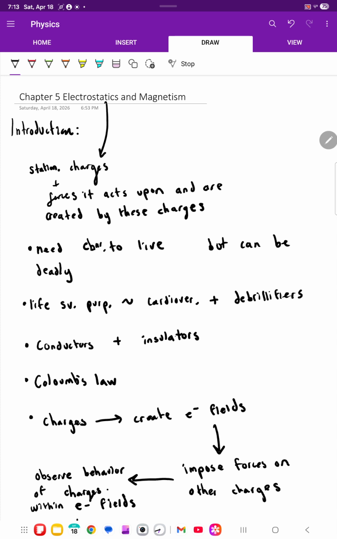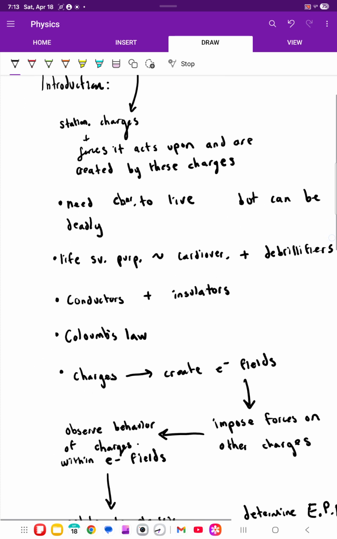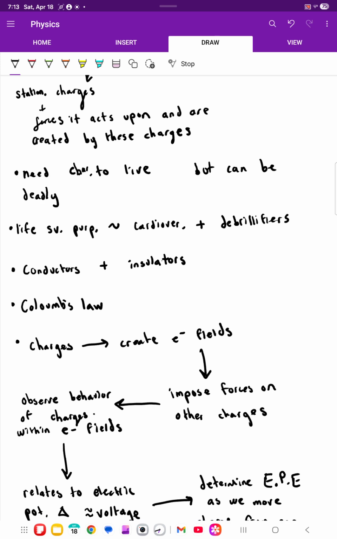And so for life-saving purposes, charges in the field of electrostatics can be used in cardioversion and defibrillation, which are medical purposes.